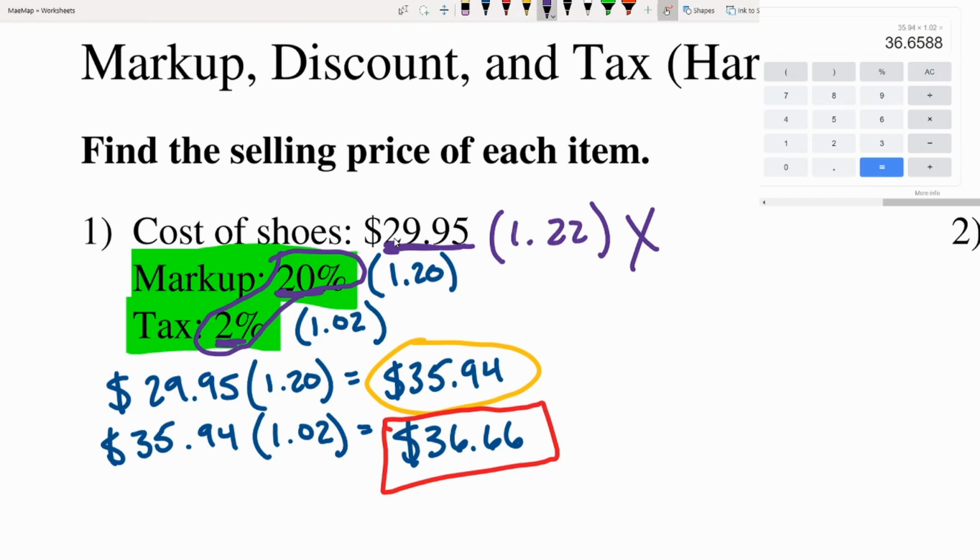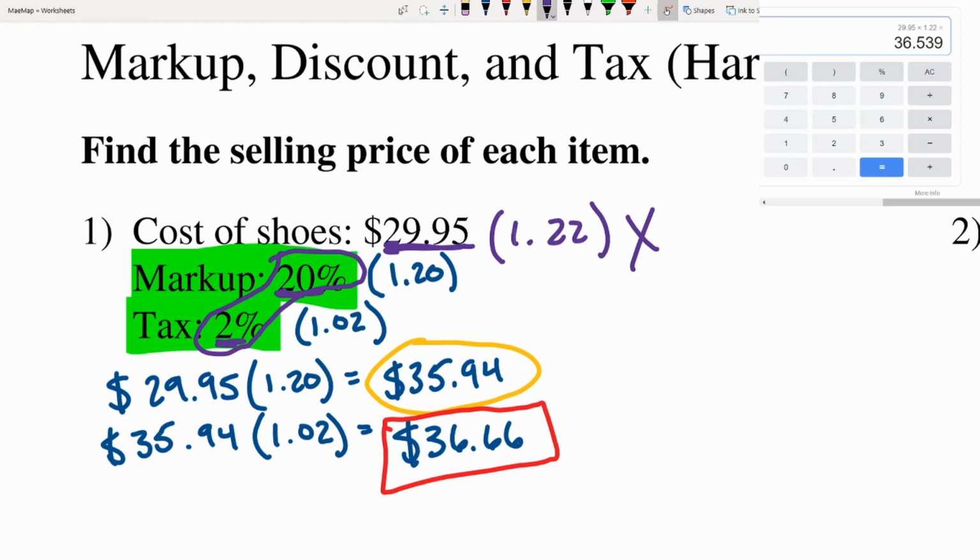Let's do the math on the calculator really quick. $29.95 times 1.22 does not give us $36.66. It gives us $36.54, which doesn't match the correct answer.